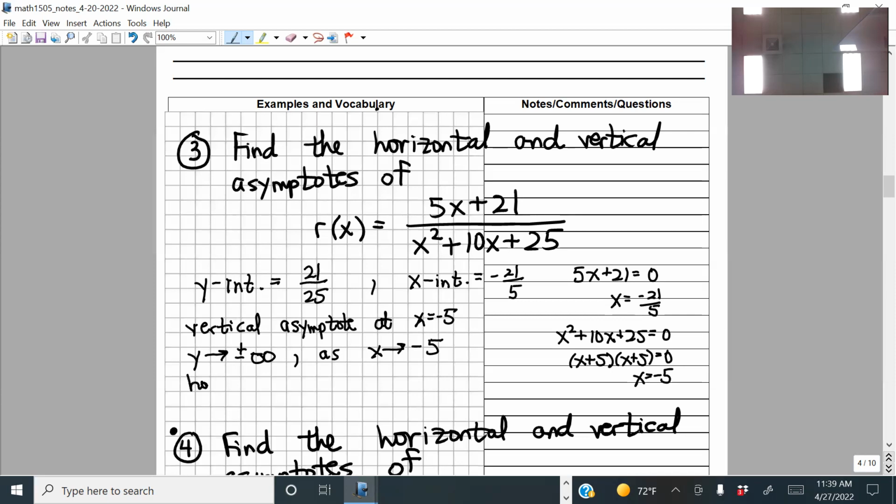So you have a horizontal asymptote at y equals 0, in other words, the x-axis. So what that means is y is going to be approaching 0 as x approaches plus or minus infinity. Or you could write this backwards, as x approaches plus or minus infinity, then y is going to approach, oh, not infinity, what did I say? 0, right?